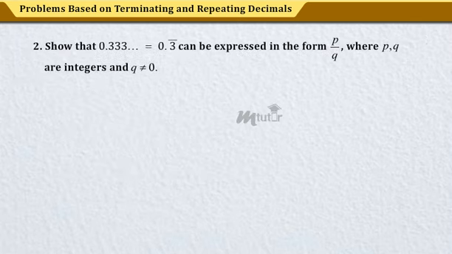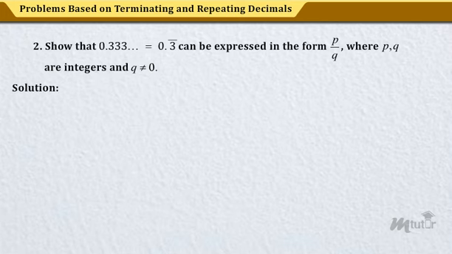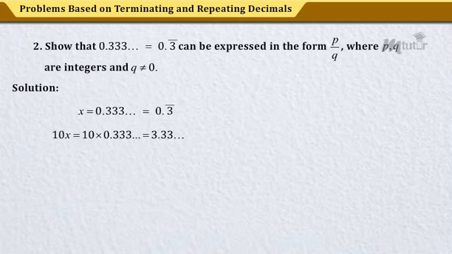Show that 0.333 and so on, equals 0.3 bar, can be expressed in the form p by q, where p and q are integers, and q is not equal to 0. Solution: let the given number be x. One of the numbers is repeating, thus multiplying by 10 we get 10x equals 3.333 and so on.